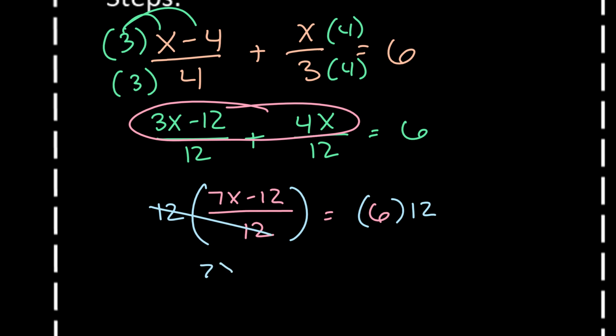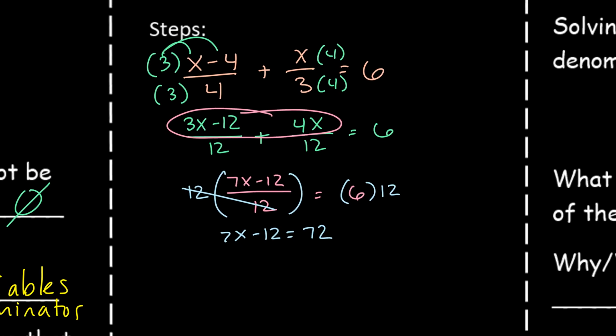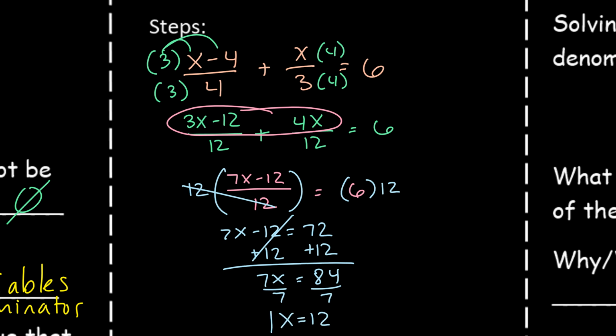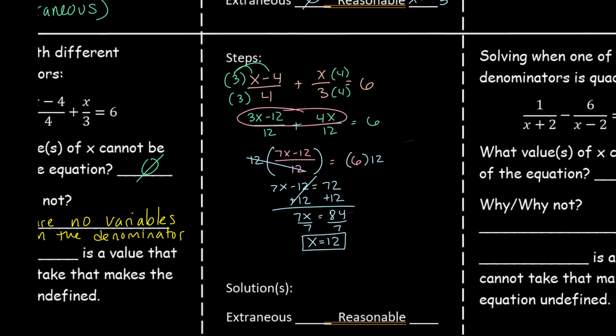So we're left with 7x minus 12 equals, what's 6 times 12? 72. And then we add 12 to both sides. And we get 7x equals 84, divided by 7? Yes. Is that a restriction we had to worry about, that number?